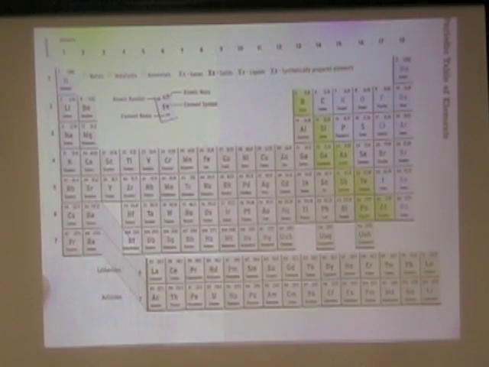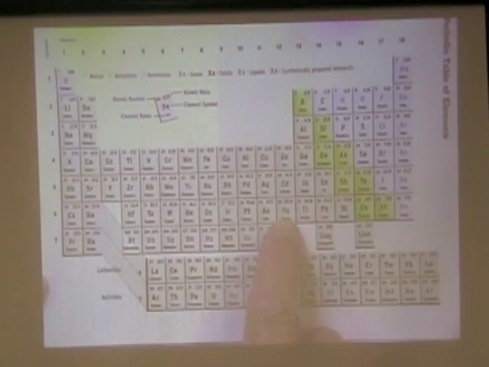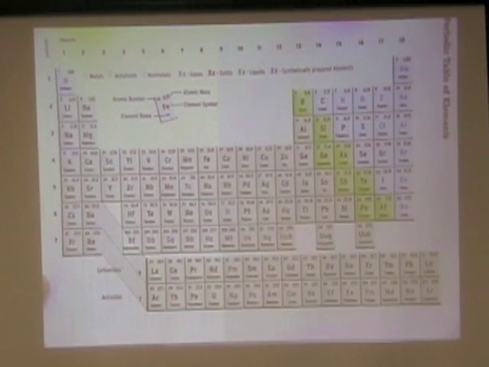What are some characteristics of metals? Well, metals are generally solid at room temperature, with one exception here, and that's mercury. So they're solid, they're shiny, they are malleable and ductile, and that means that they can be pounded without breaking, and so they're not brittle.